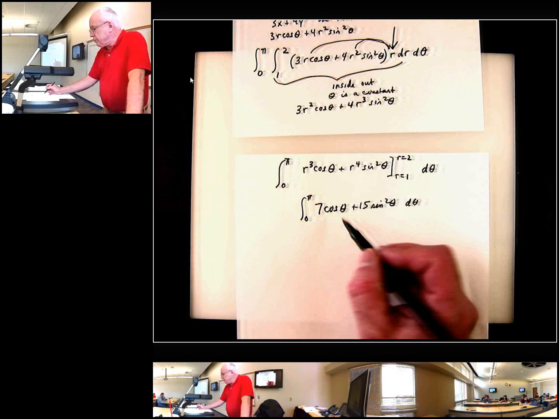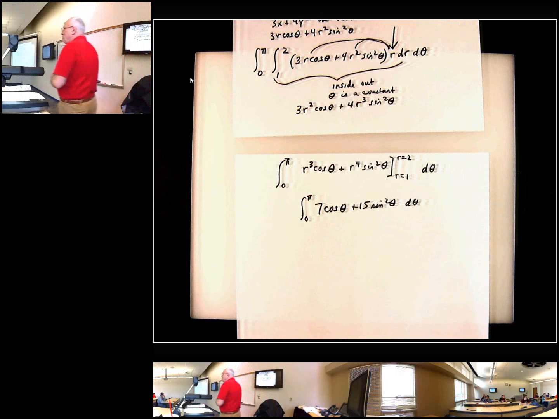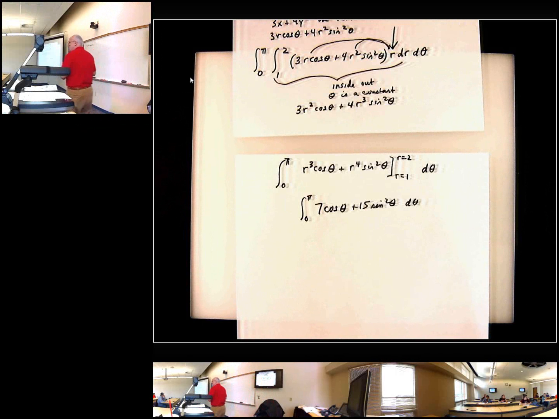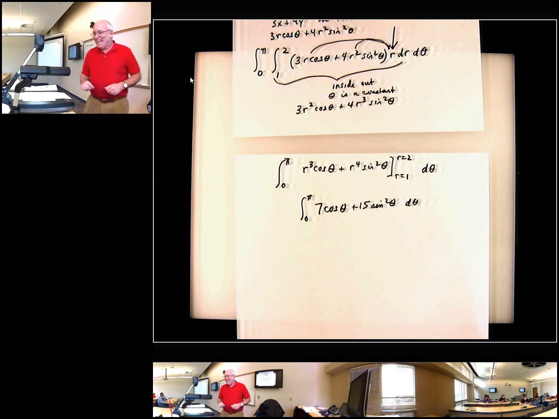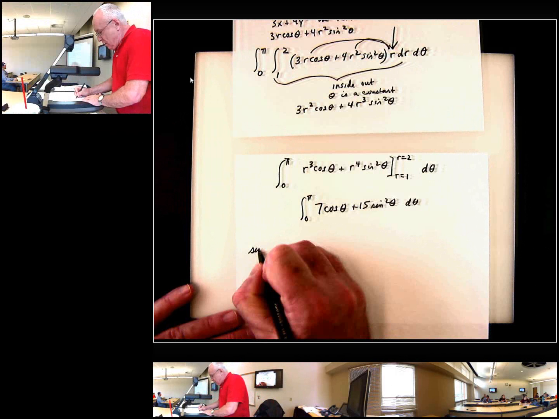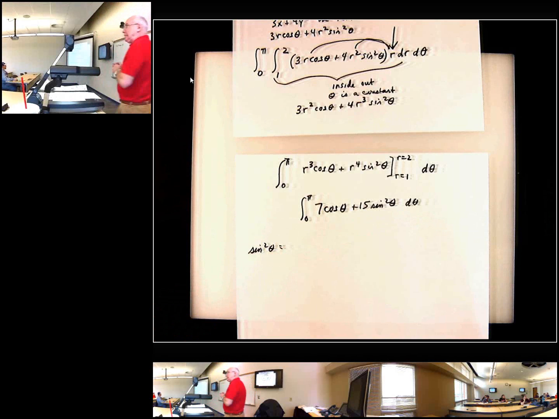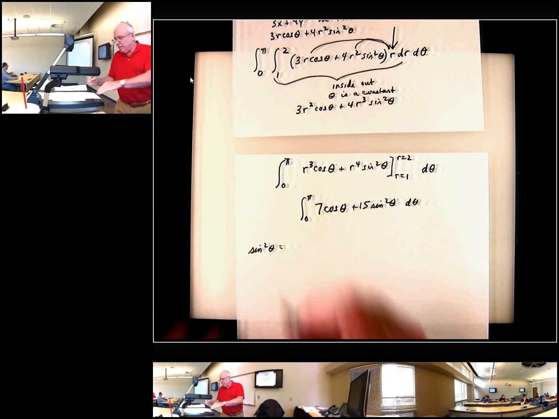The first term is easy. The second term, we need to use an identity that we learned in Calc 2. And the identities, does everyone know what sine squared of theta can be written as?